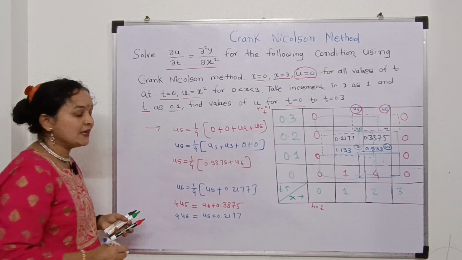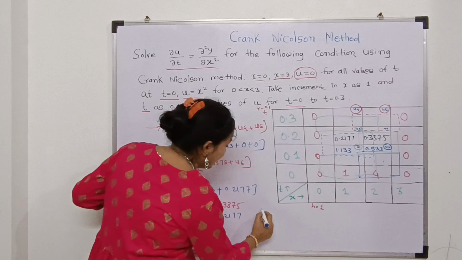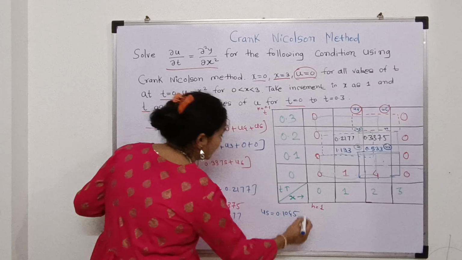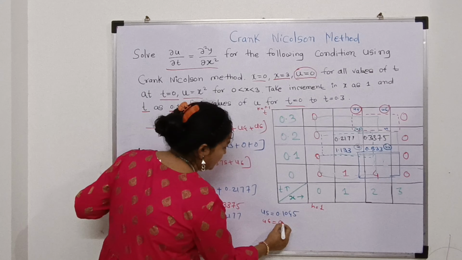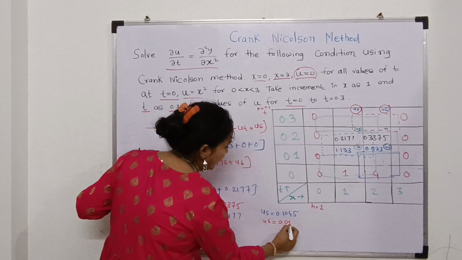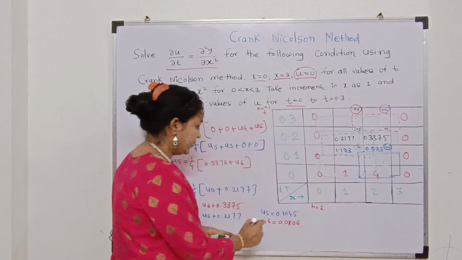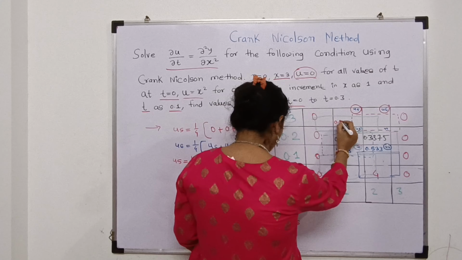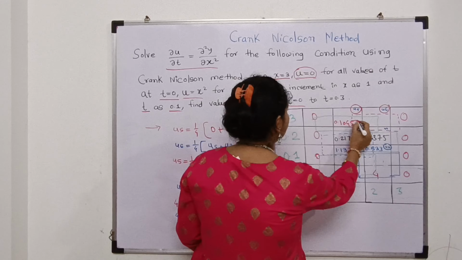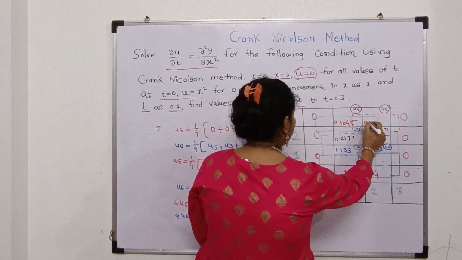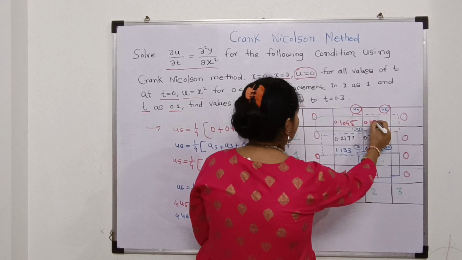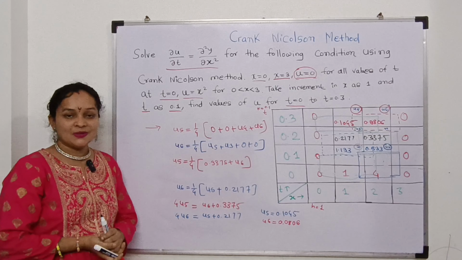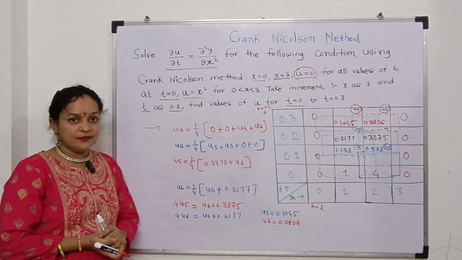Now two equations and two unknowns, the u5 value become 0.1045 and the u6 value become 0.0806. Quickly put all these values, so u5 become 0.1045 and u6 is equal to 0.0806. Right? So this is the complete solution of this particular finite difference form of the equations.